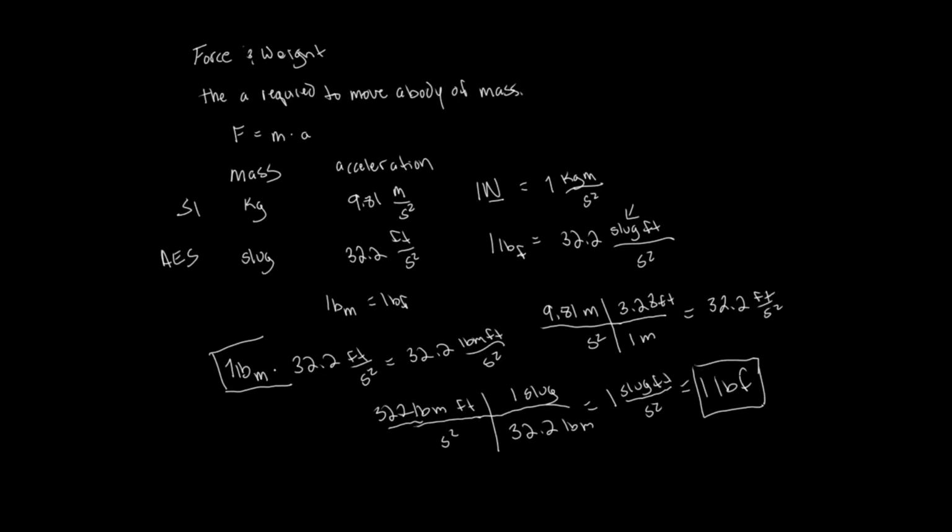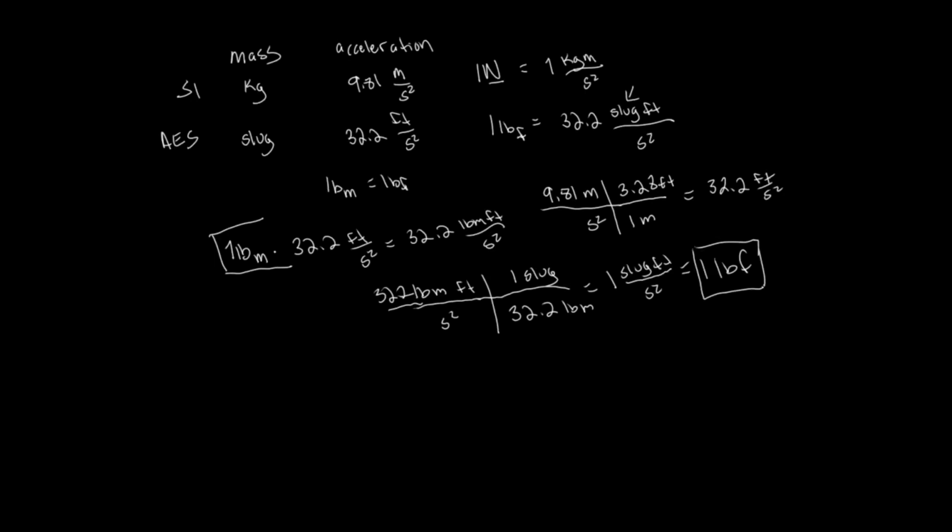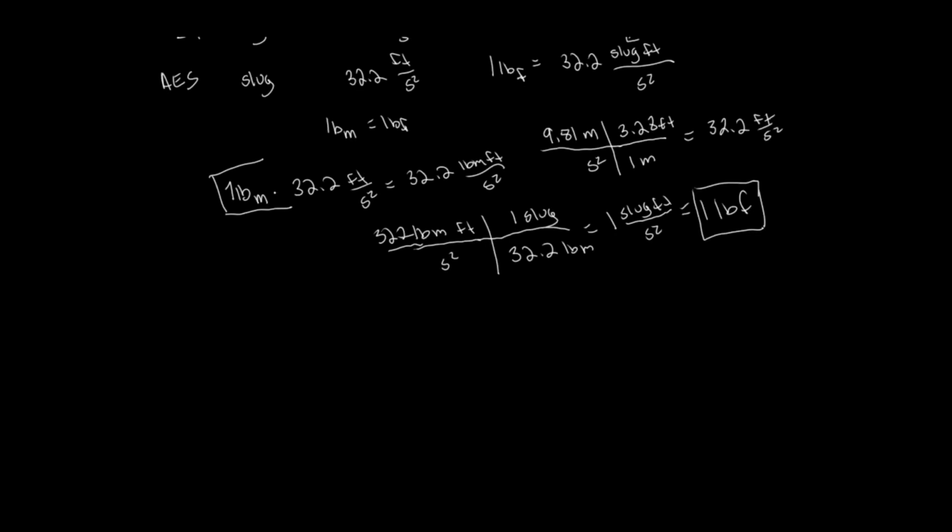The problem comes when students attempt to do a question that uses, let's say for instance, Mars gravity. G Mars is equal to 3.7 meters per second squared. So we're going to convert this. 3.7 meters per second squared.